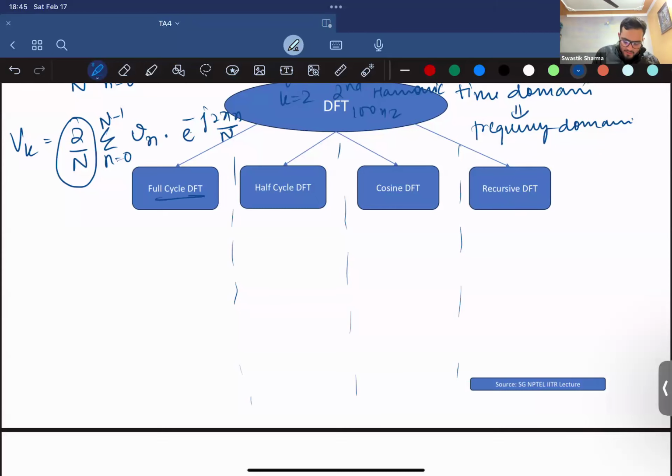So in full cycle DFT, let's say you used a 1 kilohertz sampling frequency, right? Can anyone tell me, for a 50 hertz signal, how many samples will it take?